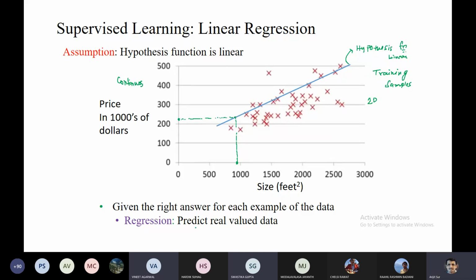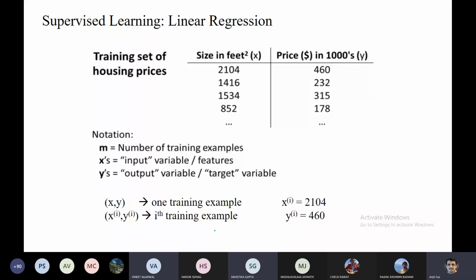So regression is going to predict real-valued data. Here is how the notation is given. Size in feet squared is the input, and this is a training example.